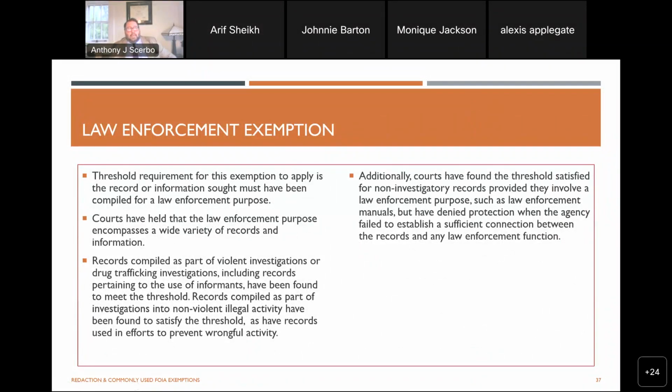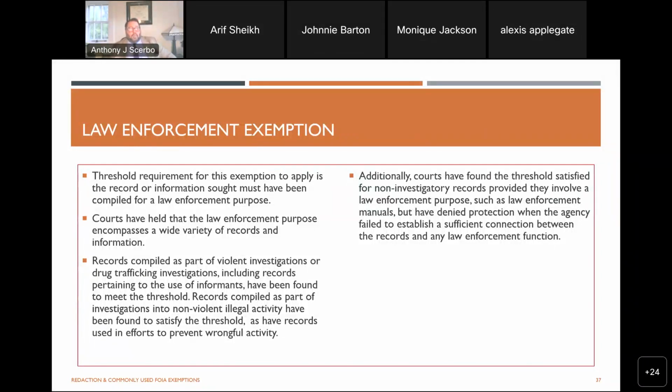So to get to the exemption, the threshold requirement to apply is that the record or information sought has to be compiled for a law enforcement purpose. Now, this is a broad scope, and courts have held that the law enforcement purpose encompasses a wide variety. Records compiled as part of violent investigations or drug trafficking investigations, including the use of informants, have been found to meet that threshold.